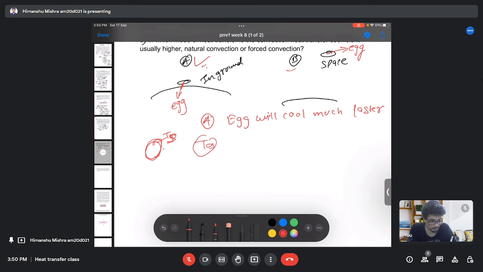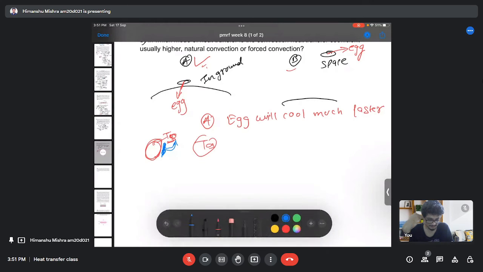Now close to the egg, we know that the air is much warmer, and this warm air moves upward. It flows upward due to the buoyancy, since the density of the warm air decreases. Therefore, due to the buoyancy, the warm air will flow upward, and the region is replaced by the cool air.